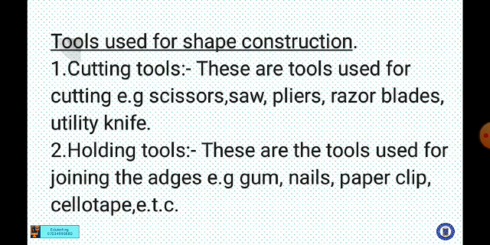For instance, when one works with paper, the choice of joining tools should be gum or paper clip, as the case may be. So these are the two types of tools used for shape construction: the cutting and the holding tools.